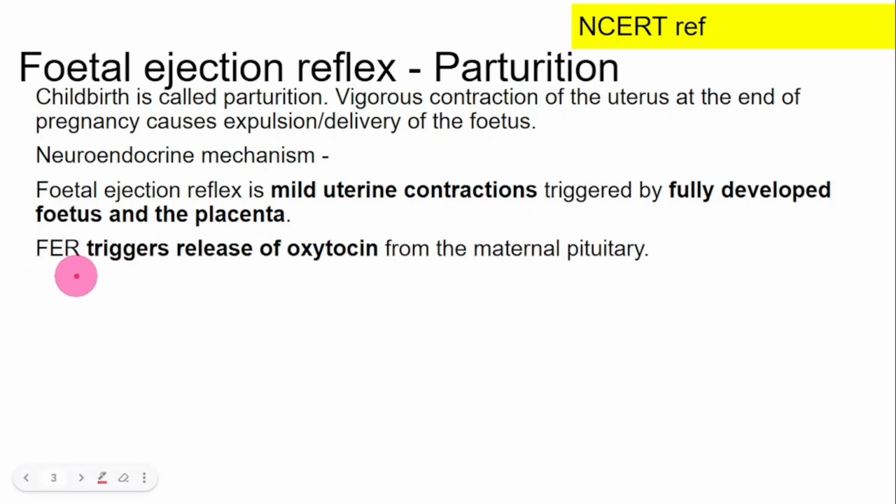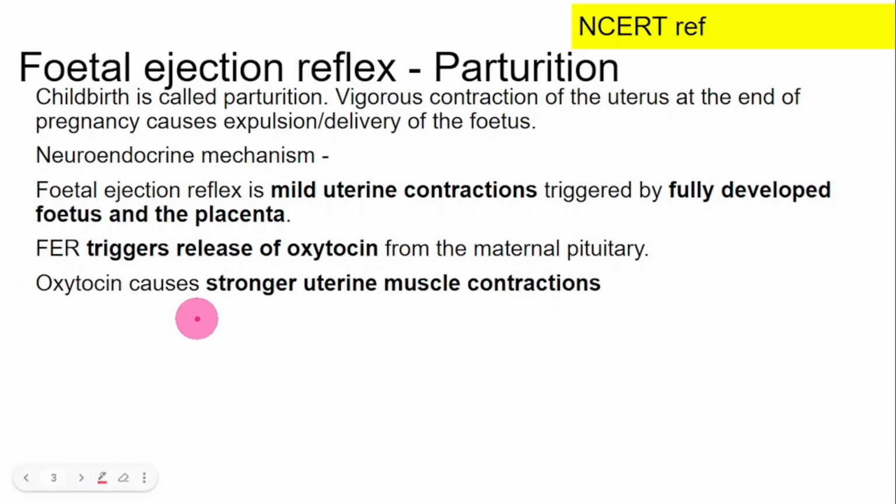Then fetal ejection reflex triggers release of oxytocin from the maternal pituitary. Oxytocin causes stronger uterine muscle contractions. And then this cycle sets in. The strong uterine contractions will further stimulate release of oxytocin, and then oxytocin will induce even stronger uterine contractions.